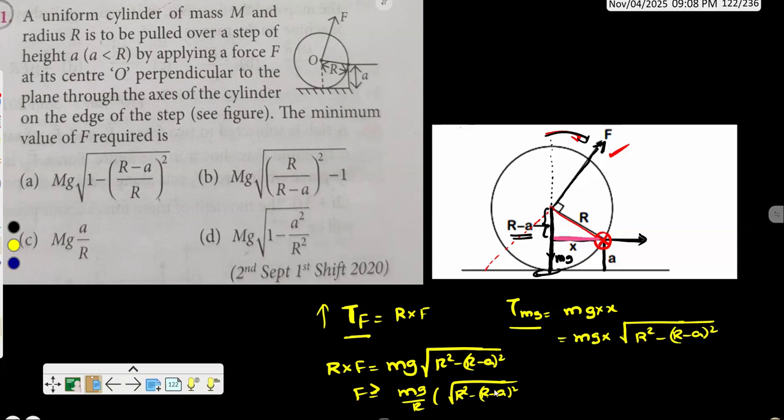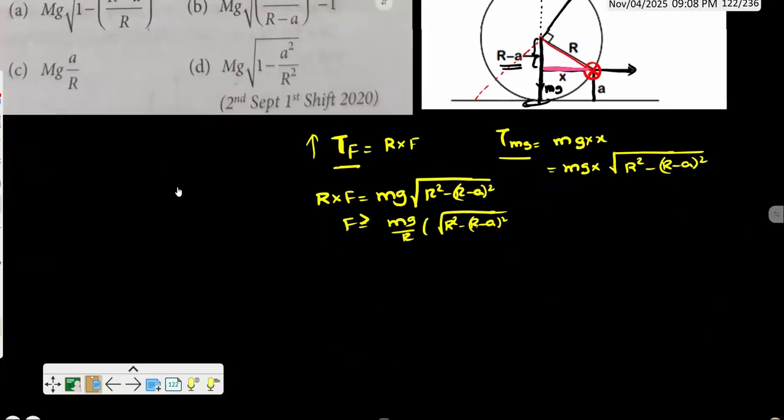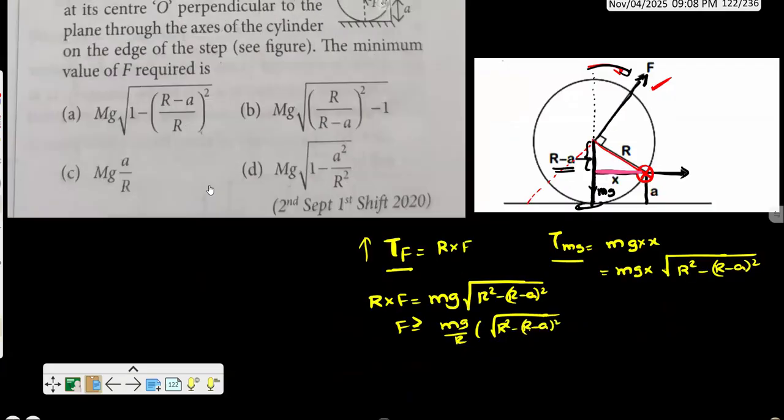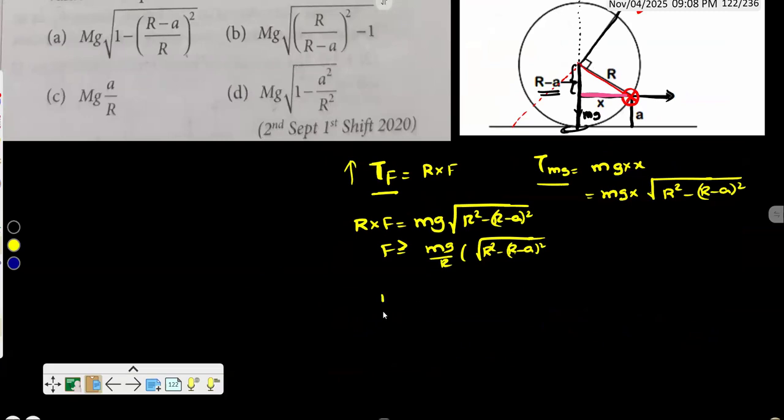So the answer would be, if I send this r inside, how much would that be? He's asking for force only. So if I send this r inside, F should be greater than or equal to mg into the square root of (r square minus (r minus a) whole square) upon r square, because if I send this r inside, it would be squared.